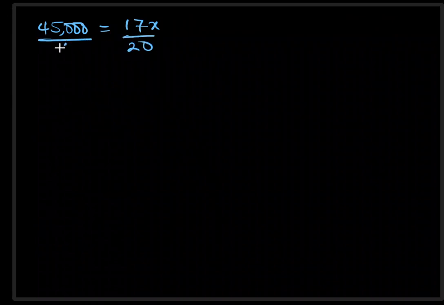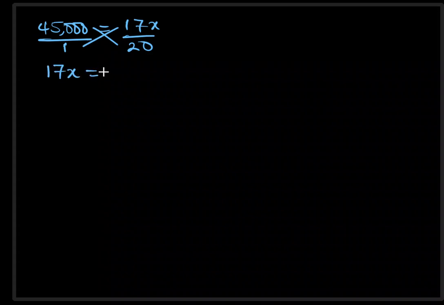What do we have there? This is over 1, and then we cross multiply. So we'll be having 17X equal to 45 times 20, and of course 45 times 2 is 90.